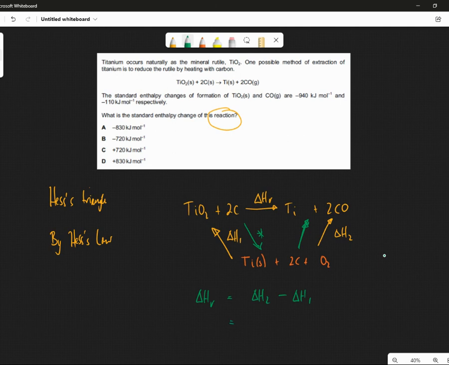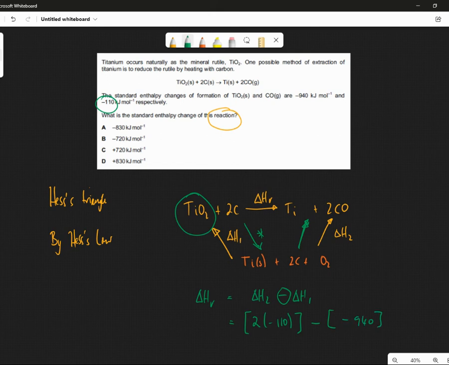It is the formation of 2 carbon monoxides, and carbon monoxide is minus 110. That's all of this rubbish is delta H2: 2 formations of carbon monoxide minus the formation of 1 titanium oxide. And the formation of 1 titanium oxide is minus 940.